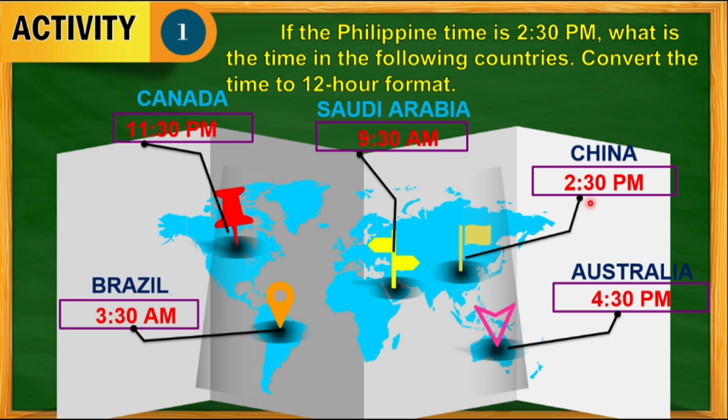And for Australia, we have 4:30 p.m. because we have a plus 2 time difference. Okay, so that would be the answer.